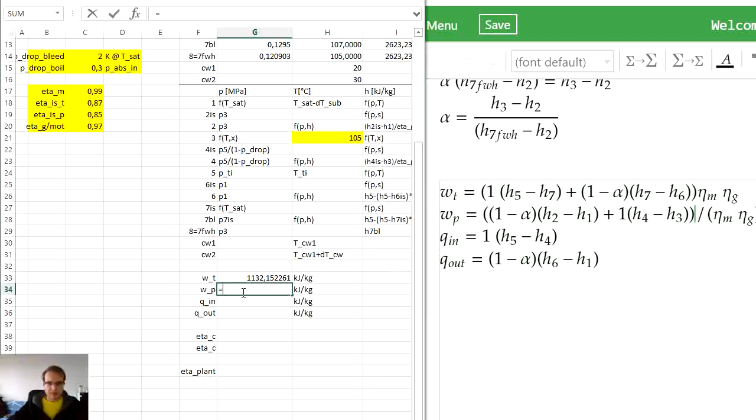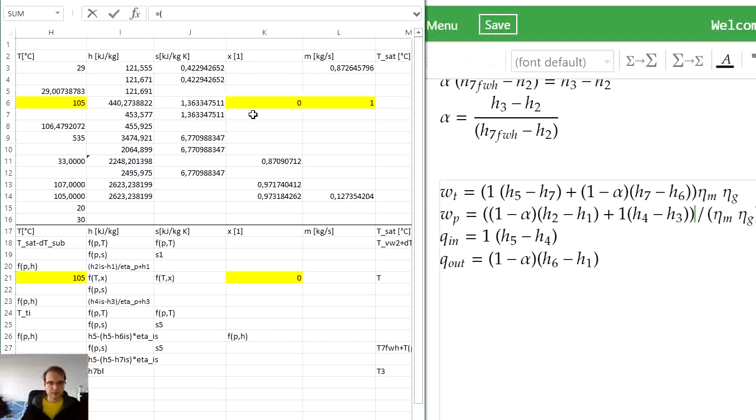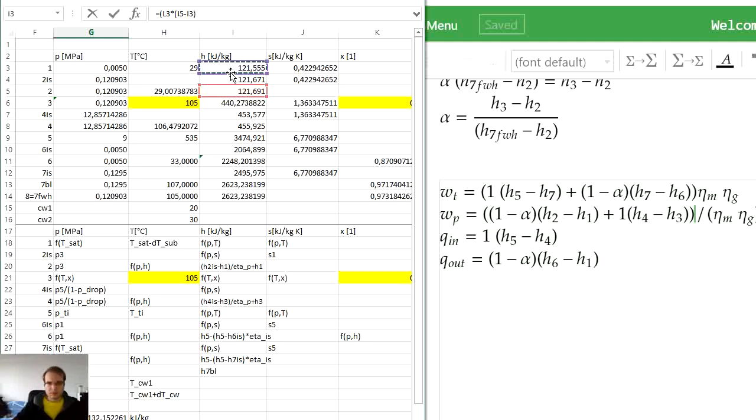So we have the mass flow rate of 1 minus alpha, which we already had here, multiplied by H2 minus H1, difference of enthalpies across the pump, plus H4 minus H3, where the mass flow rate is already 1.